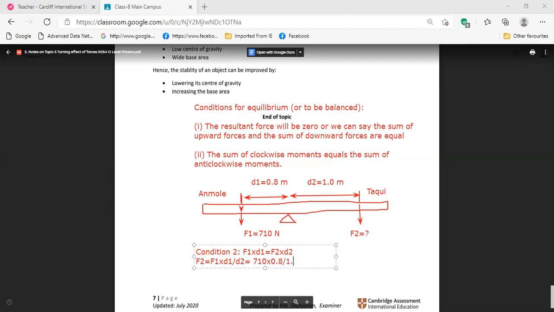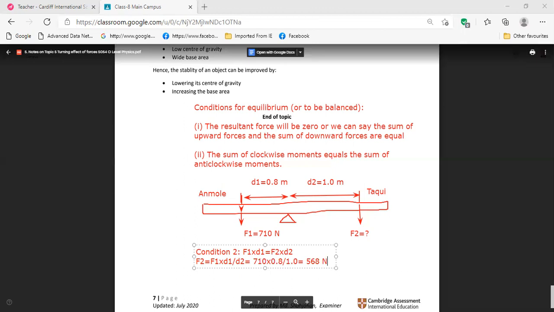What is the answer? 568 Newton. So the force applied on the right side is 568 Newton, and the mass can also be found, that is 56.8 kg.